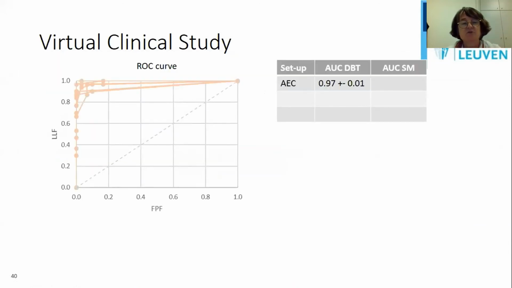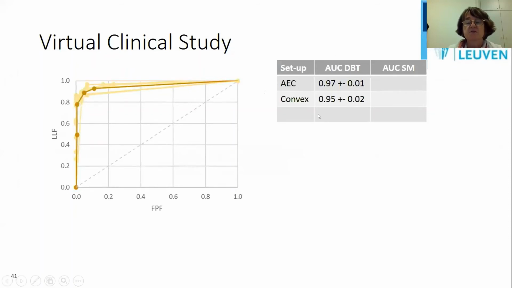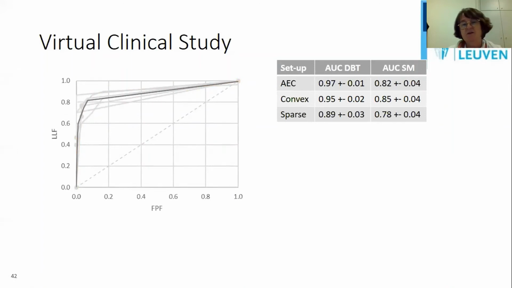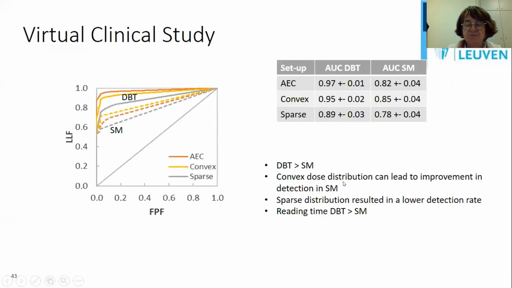And then we get curves, for instance, like this at the AAC for DBT and simulated, and you see that, one after the other. In fact, the AAC choice, the classical choice that came with the system, was the best for the DBT, and synthetic mammography would be helped a little bit by focusing a little more dose to the center of projections.